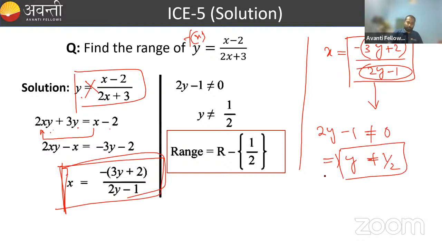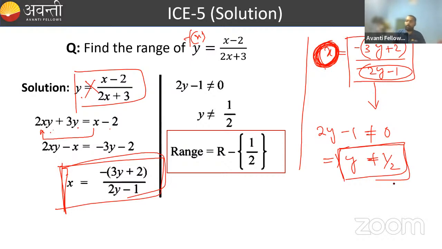We got the answer. When you are getting the values of y, we got the answer, because we have to find the values of y. So y is this function, x is to be defined. In case of range, for this function x to be defined, here we need to find the values of y.